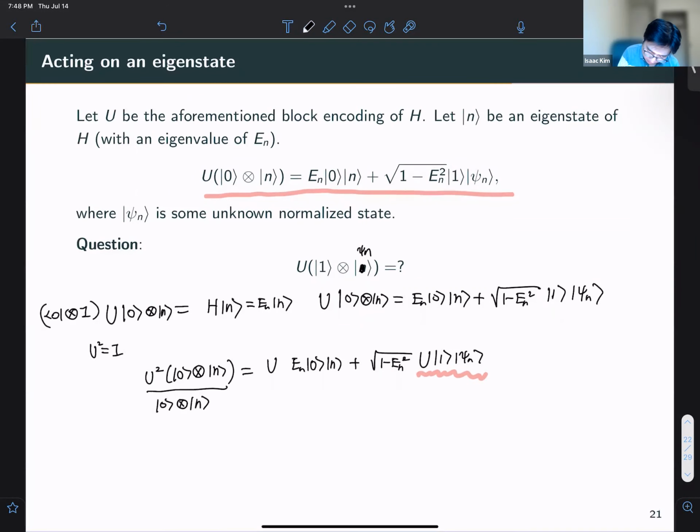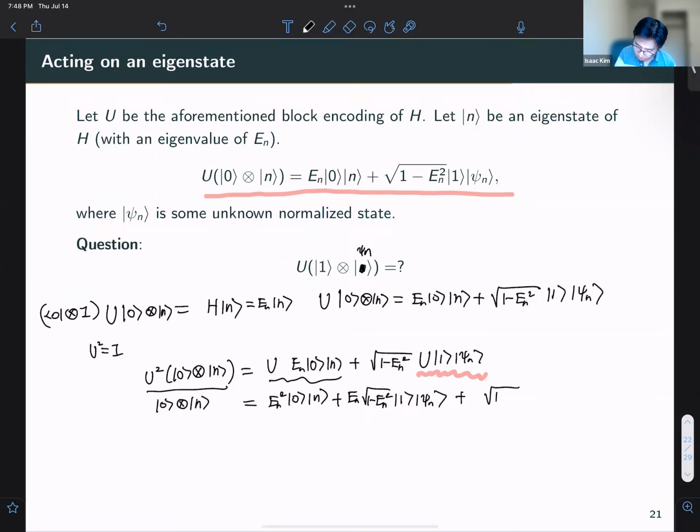What about this thing? The first term over here, we know the answer to that as well, because we wrote down an expression. So that's simply E_n squared 0 n plus E_n times square root of 1 minus E_n squared, 1 psi n, plus the rest.